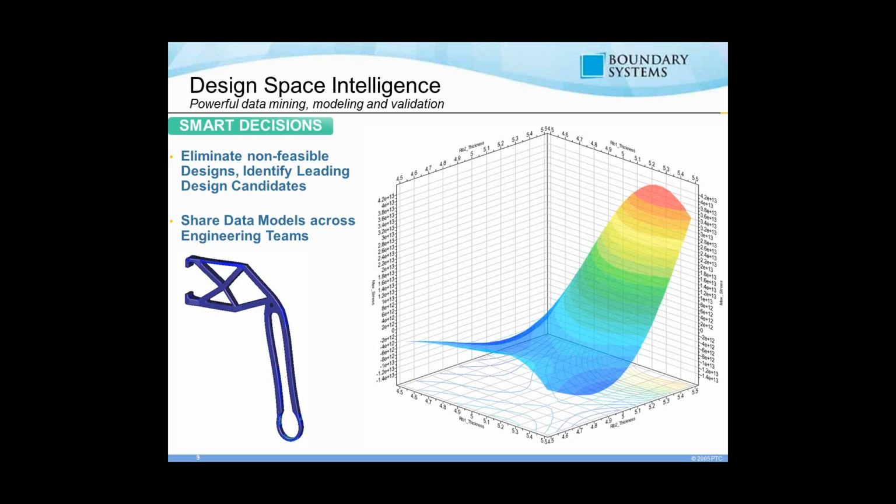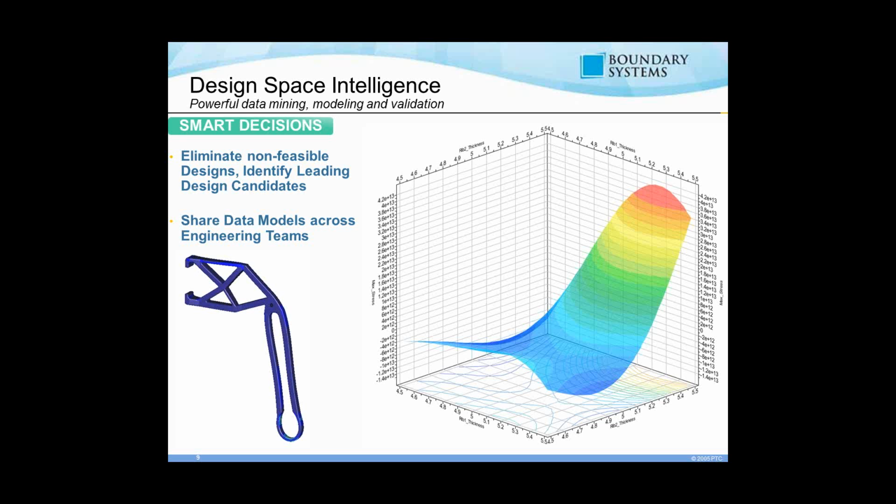Now, that 3D surface is created by a mathematical equation, and the benefit to that is twofold. Number one, you can cut your design time dramatically because it takes Optimus half a second to query a mathematical equation. What you're looking at here is Optimus saying, after running a small statistically significant sample set, you can give me any variable and I can tell you what your resulting stress is.